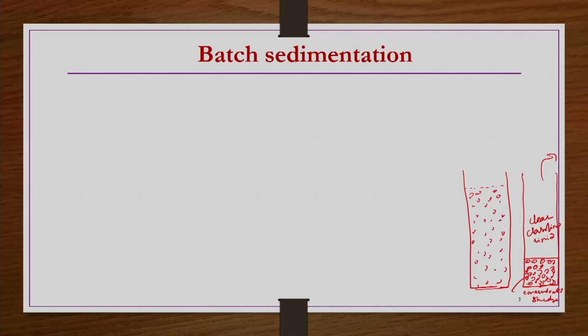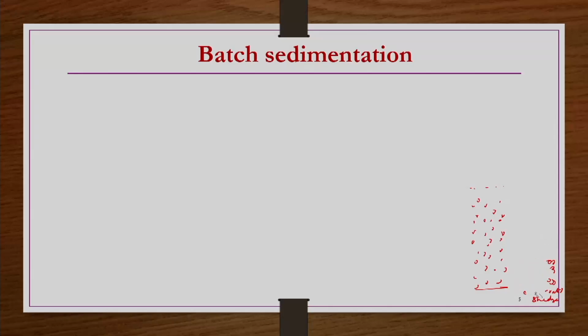Since it is a batch process, once this stage has come, one can decant the clear liquid from the top and then the sludge can be taken out from the bottom. Okay. So, what are the steps in between? They exist from the initial uniform concentration of the slurry to the final stage of a concentrated sludge and clarified liquid. There are several stages, which we will see pictorially.